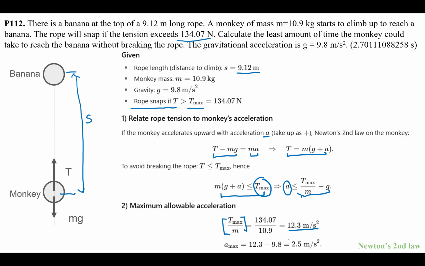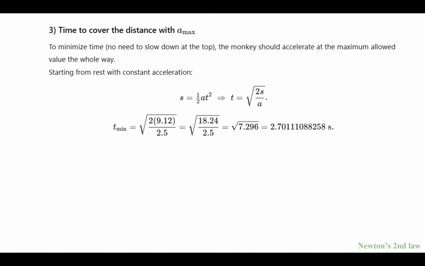This is the a max. And then what we have to do is find the time to cover the distance with a max. We note that S should be the same as this value for constant acceleration, and then we can get this value. Okay.